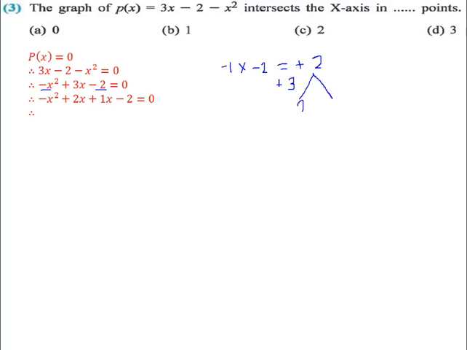So, 2 and 1: multiplication gives 2, and the sum of these two numbers, 2 plus 1, is equal to 3. Therefore, we replace plus 3x by plus 2x plus 1x. So minus x square plus 2x plus 1x minus 2 is equal to 0.